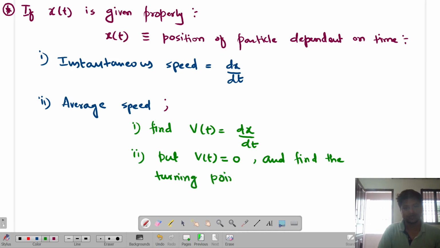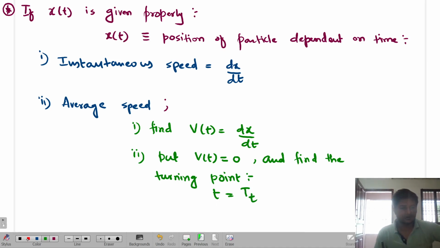If you can find the turning point, then you know your capital T, which is the time of turning. Are you able to get me or not?